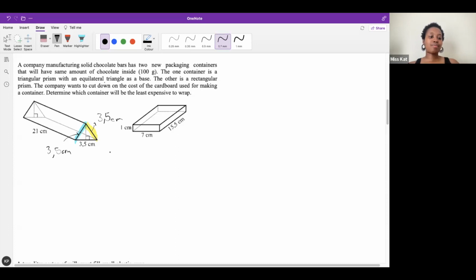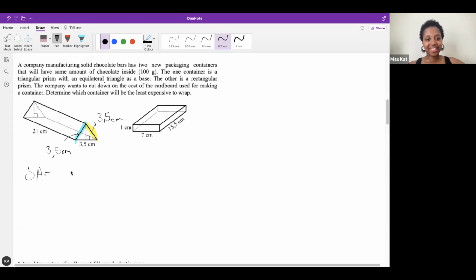Okay, now we have all the information we need for surface area. So let's see, surface area is, first we need the areas of the 2 triangles, right? Give me the formula for that part. We need the areas of the 2 triangles. Yes, Mikhail. Hello, ma'am.